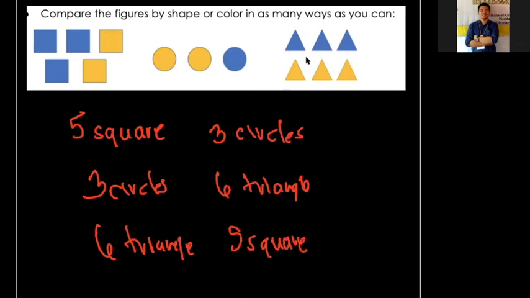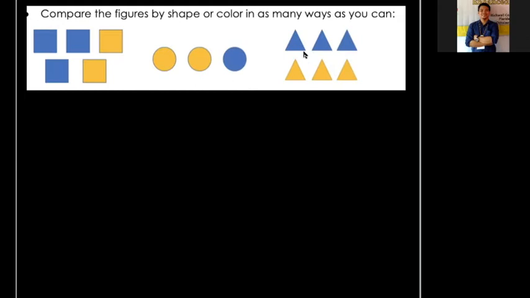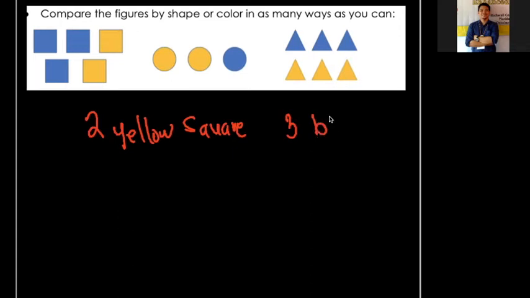We can also represent this based on the colors. We can say for every two yellow squares, there are three blue squares.